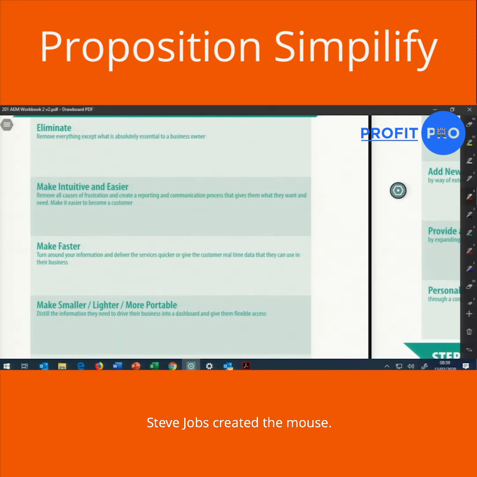Steve Jobs created the mouse. Back in the 80s, the concept of the mouse was just like an interface that didn't require MS-DOS. An interface where ordinary home users can interact with their computer.